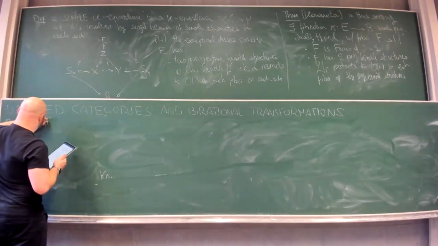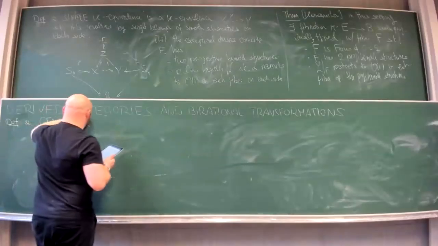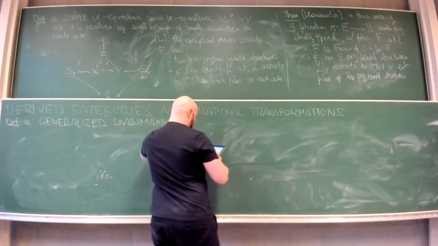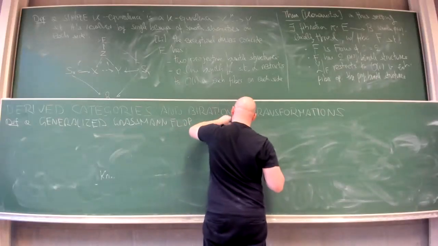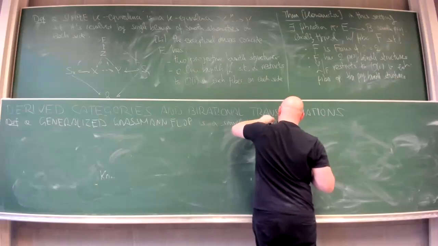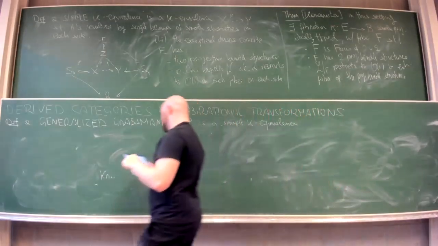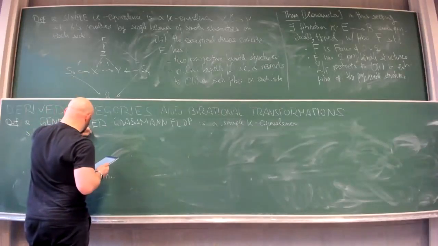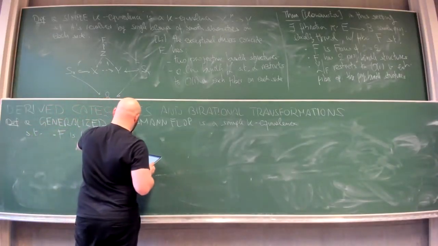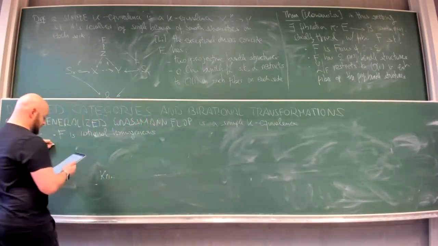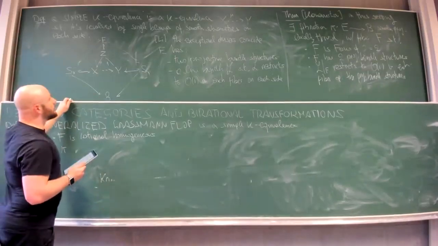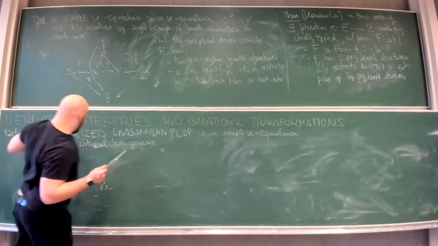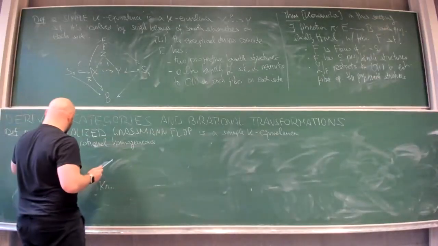A generalized Grassmann flop is a simple K-equivalence such that F is rational homogeneous and pi, this map here, which is a composition of those two maps, is a generalized flag bundle.